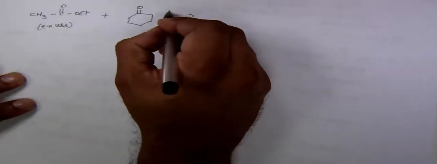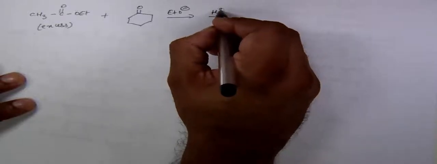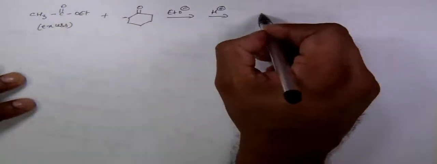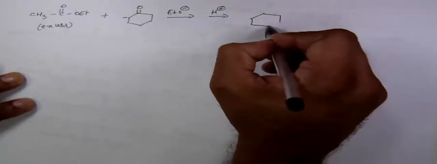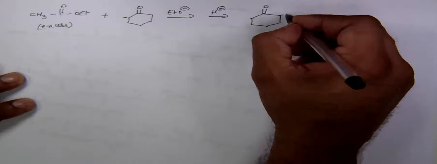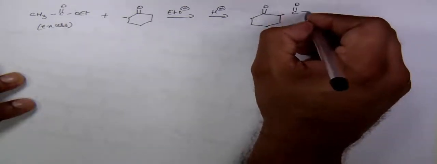So what we're going to get in this case, when I do it with ethoxide, and we should now learn to make the product without using the mechanism. We get the negative here, and this negative is going to attack here. This is going to go up, come back, and leave this. So I'm going to be getting this keto group, and on this alpha carbon I have another keto group attached, and I get a CH3 here.